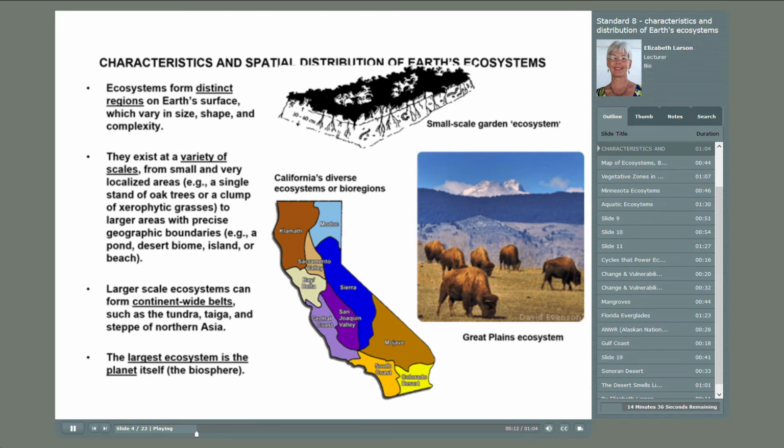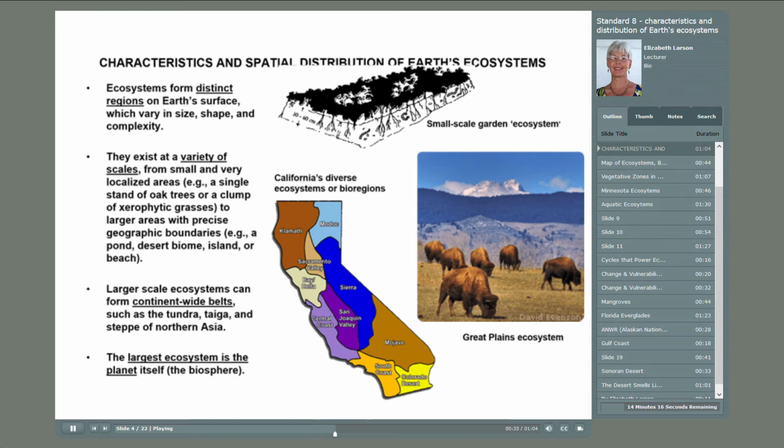Ecosystems also exist at a variety of scales. They can vary from very small, like the small-scale garden ecosystem that you see at the top of this slide, or they could be a single stand of oak trees or a clump of xerophytic grasses in the desert.